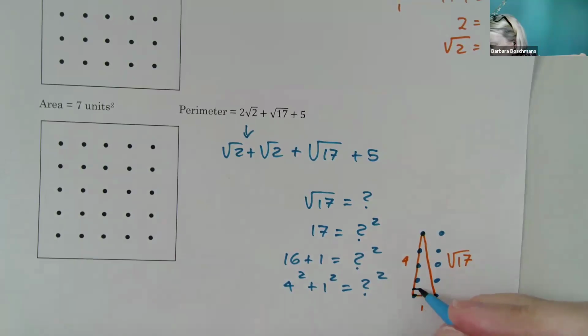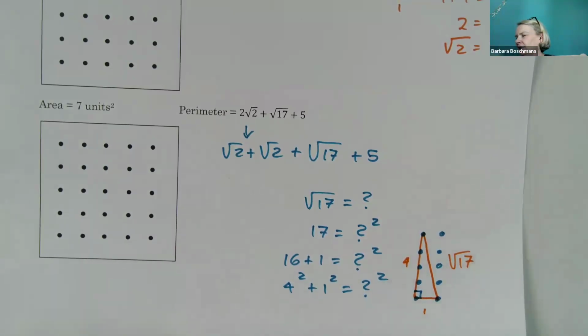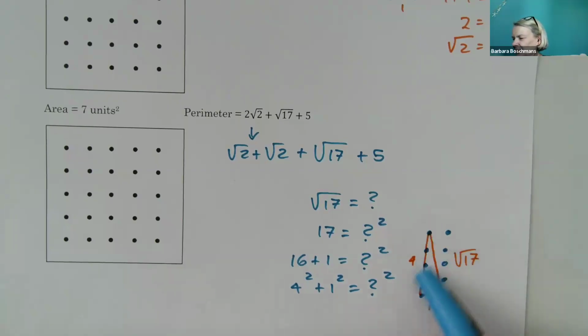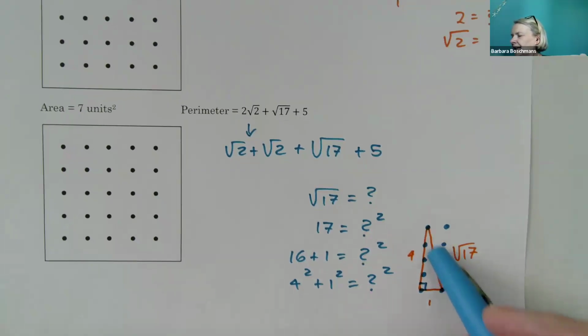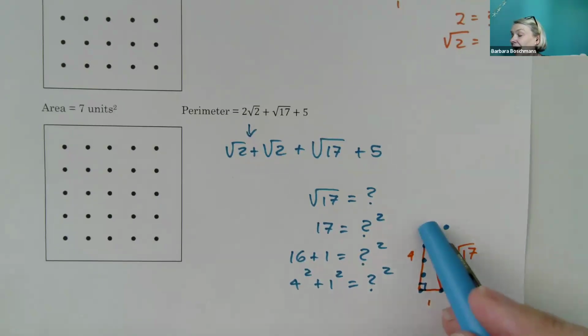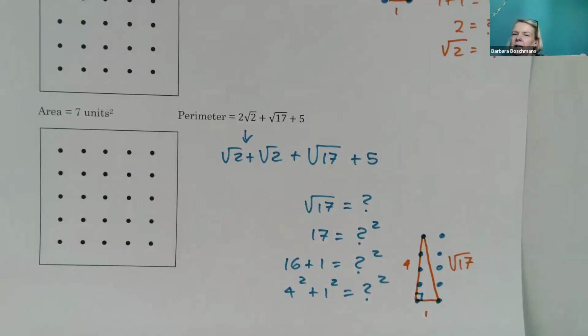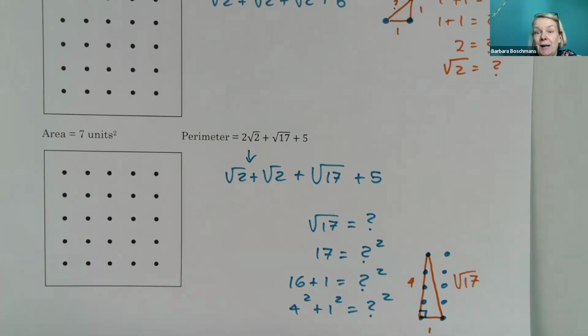And this is a triangle. So hopefully that will help you because you're going to need a 4 by 1 where the hypotenuse is square root of 17. So the hypotenuse is going to be part of your shape. The area has to be 7 units squared. So try the last two.